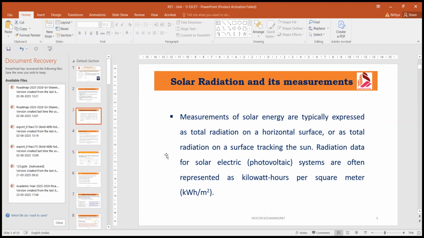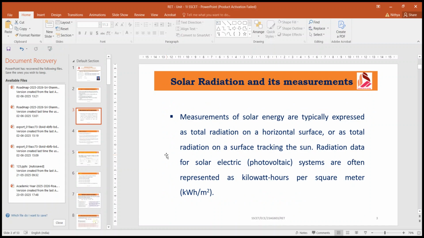The first thing we have to enter into is solar radiation and its measurements. What is the meaning of solar radiation? How is it measured? Normally, measurements of solar energy are typically expressed as total radiation on a horizontal surface or as total radiation on a surface tracking the sun.